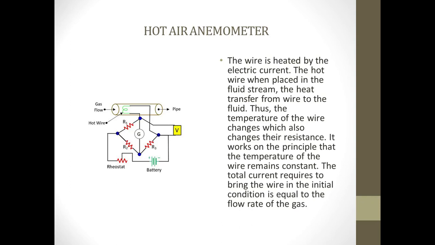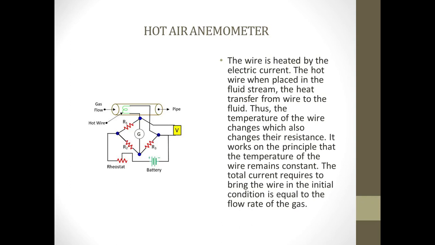The wire attains equilibrium temperature when the heat generated due to I squared R losses is equal to the heat dissipated due to convective losses. The circuit is so designed that I squared R heat is essentially constant, and therefore the wire temperature must adjust itself to change the convective loss until equilibrium is reached. The resistance of the wire depends upon the temperature, and the temperature depends on the rate of flow.